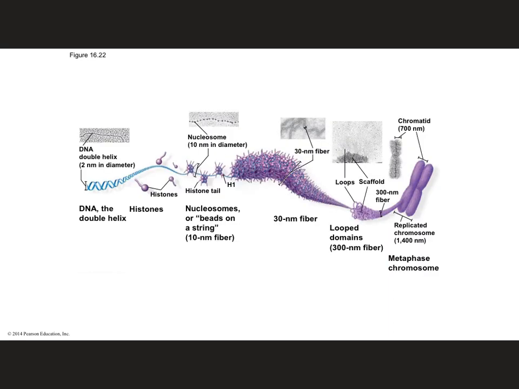In the eukaryotic cell, DNA is combined with proteins in a complex called chromatin. The DNA itself, over here you see the double helix of DNA, is combined with these proteins called histones. These histones are responsible for the first level of DNA packaging in chromatin.